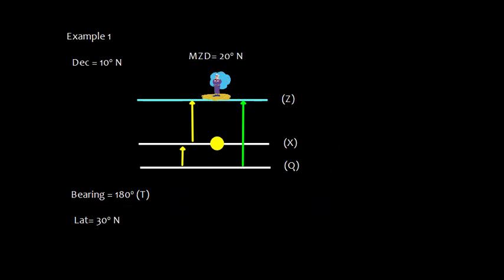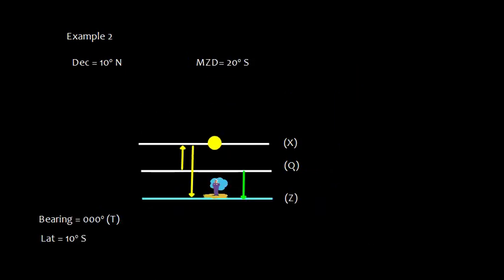All right. Now, let us do another example. Suppose here the declination is 10 degrees north. So, here this is Q, which is 0 degrees, and Q to X is 10 degrees north, so you need to go up. So, the sun is here at the declination. Now, meridional zenith distance is 20 degrees south. So, from here you need to go 20 degrees south.